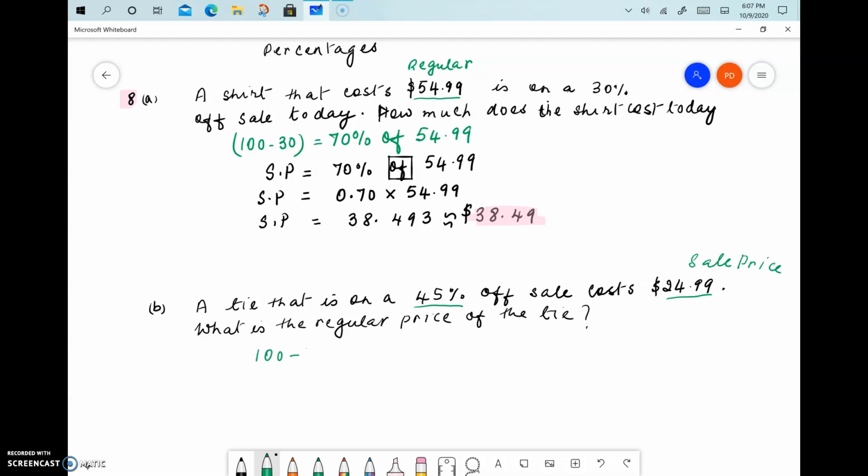So 100 minus 45 is equal to 55%. So 55% off the regular price is the sale price.